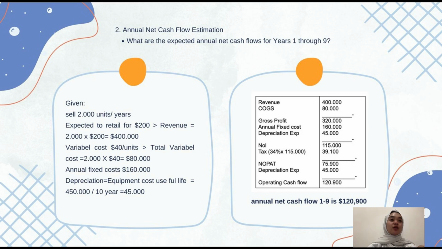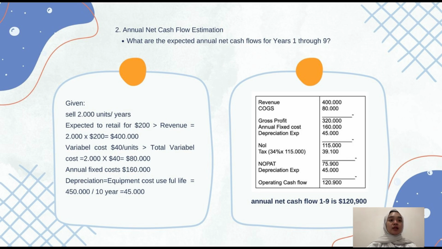cost value is 160,000, less the depreciation expense. To get the depreciation value, equipment cost is divided by the duration of use, giving a value of 40,000, with a result of 150,000.